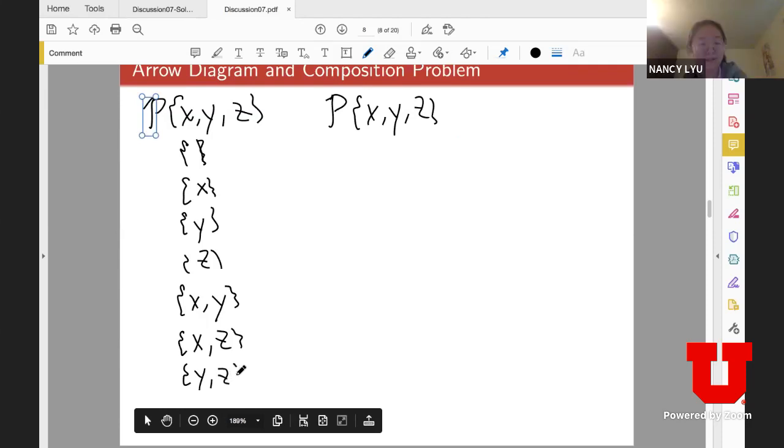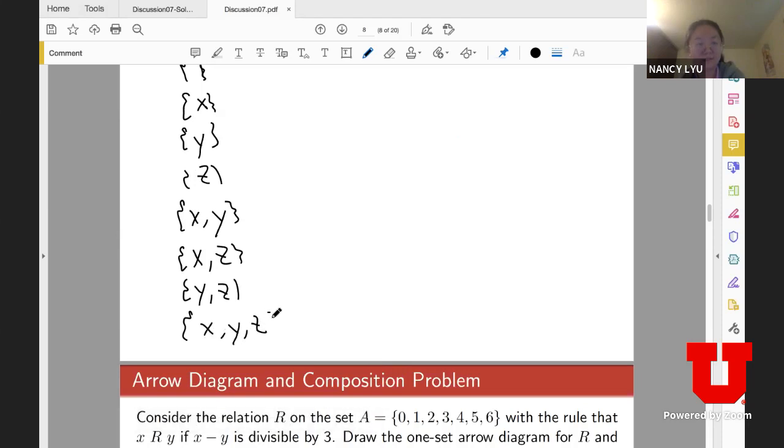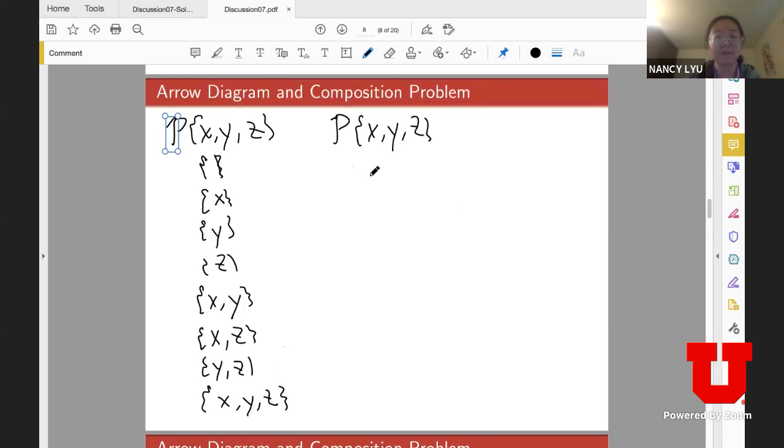Then XY, XZ, YZ, and XYZ. Okay, and it should be the same for this side.